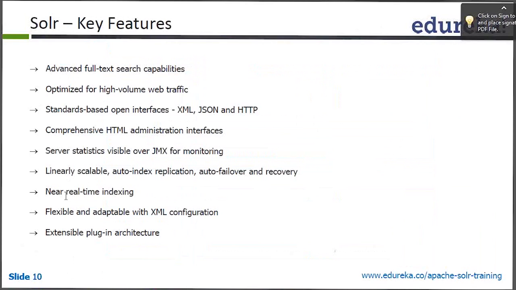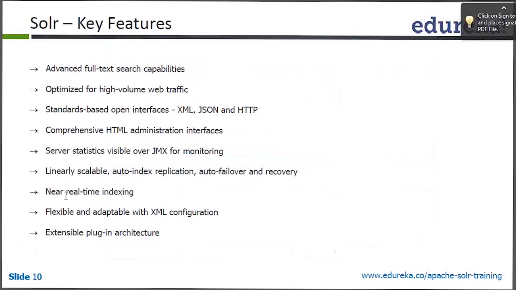Some of the features we've already spoken about: it is full-blown full text search capability with a lot of features like suggestions, highlighting, spatial search, facets, grouping, joins, and a lot of other things. It is optimized for web scale.